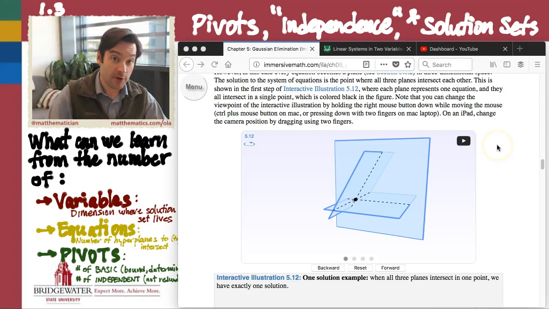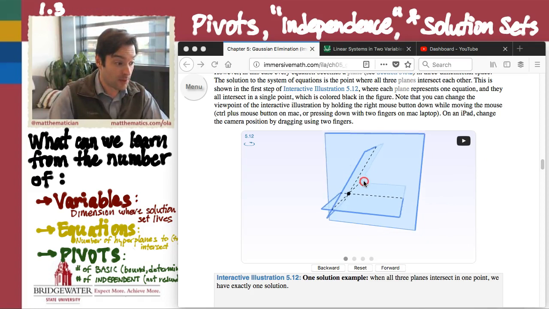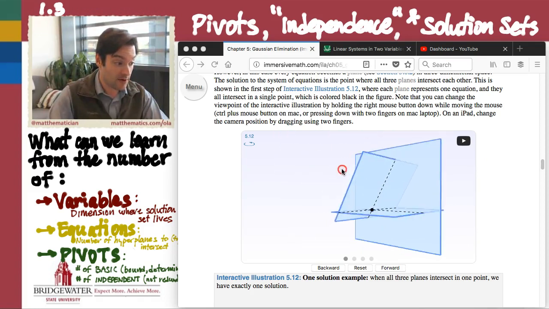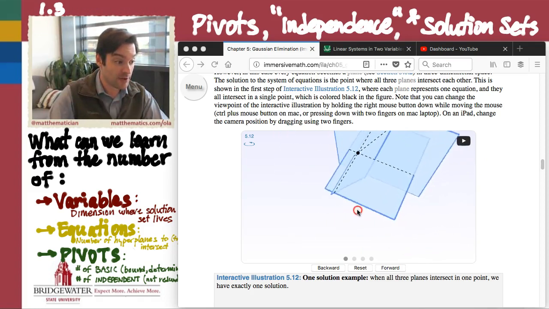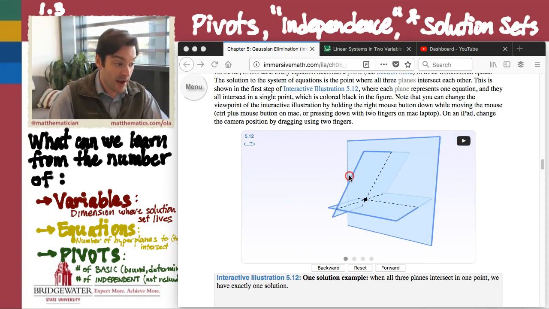This visual from the great Immersive Math free online textbook helps us to appreciate what the geometry of that actually looks like. So here's 3 planes arranged inside of a 3-dimensional space. Each pair of those planes, let's say I take this one and that one, is going to intersect. As long as they're not parallel, that pair of planes is going to intersect along a line.